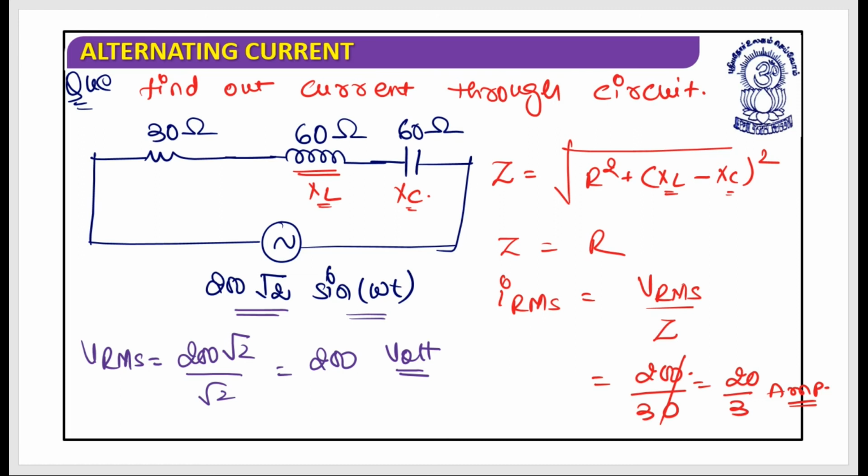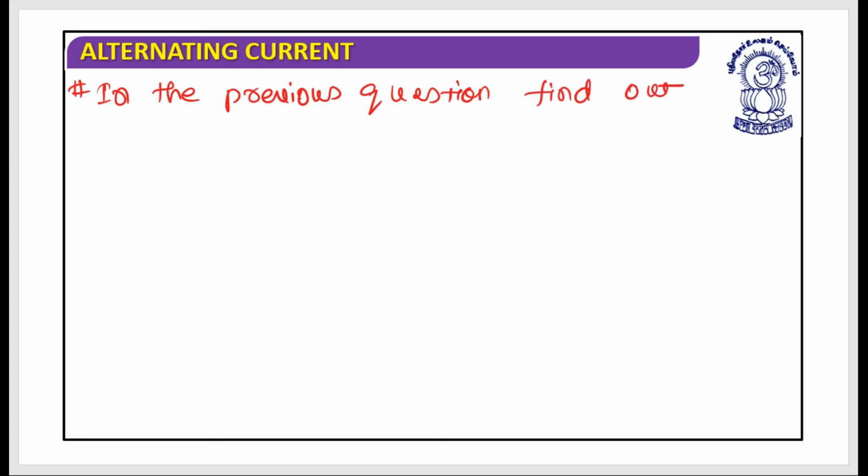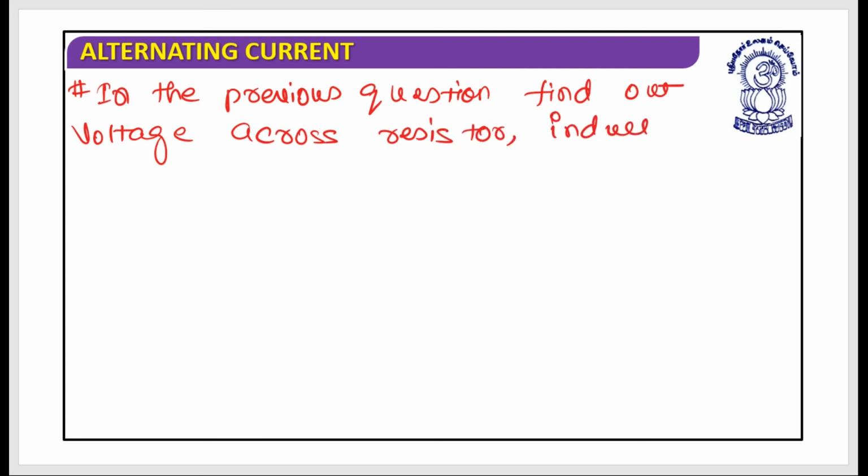Now, let's suppose I extend this question. In the previous question, find out the voltage across the resistor, inductor, and capacitor.